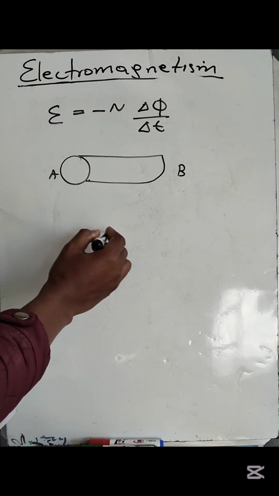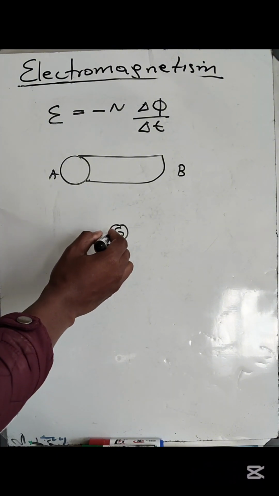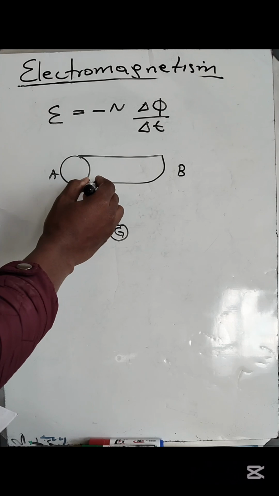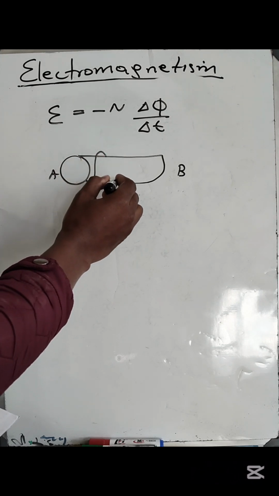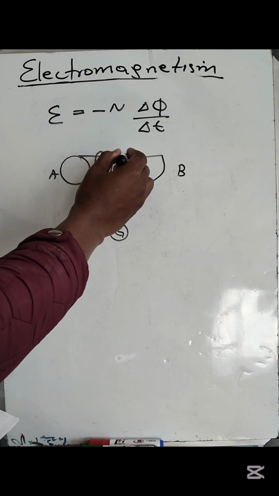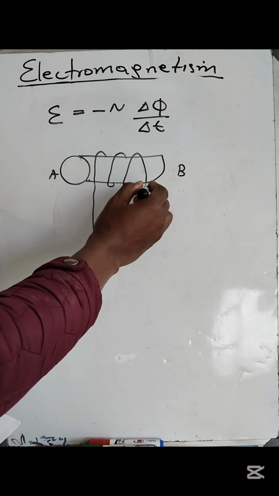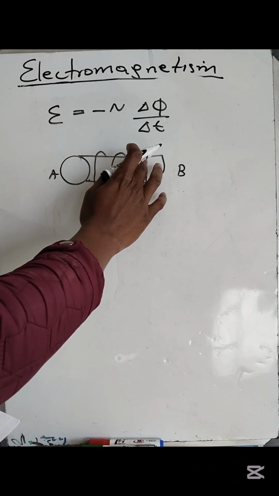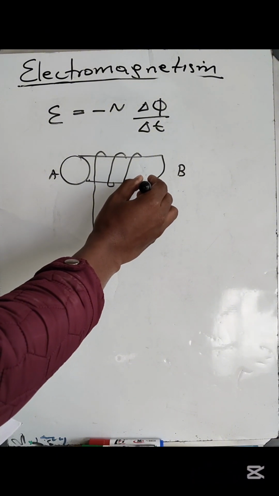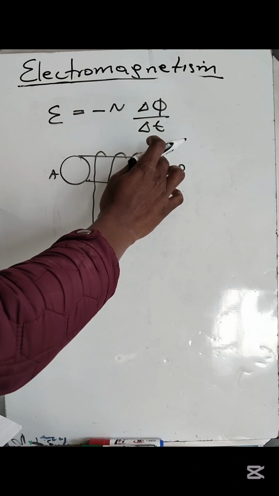This solenoid has a galvanometer, and there is a conducting wire, and a conducting wire again on that side.